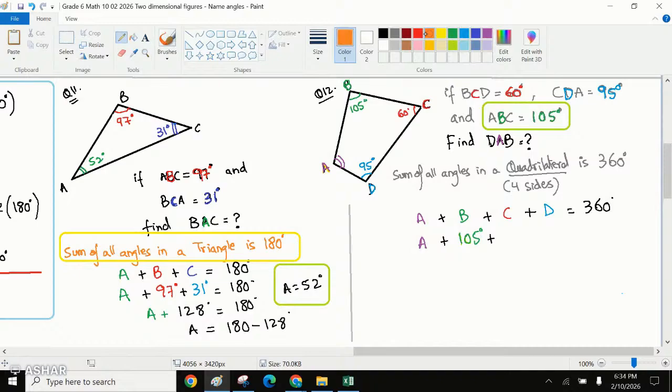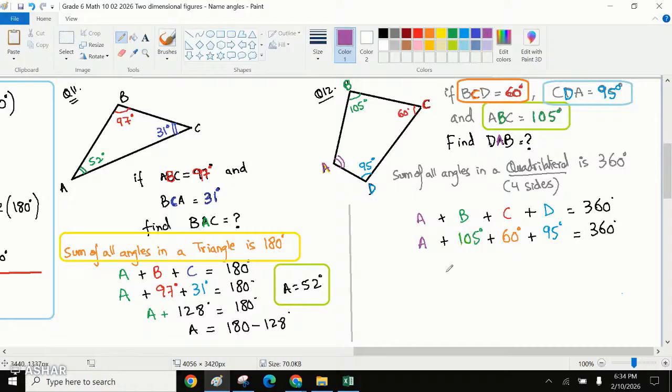The angle C, this is BCD, that defines that C is in the middle. That means 60 degrees plus the angle D, CDA will give us the angle D, that is 95, should be equal to 360.